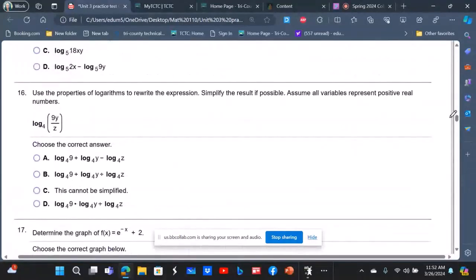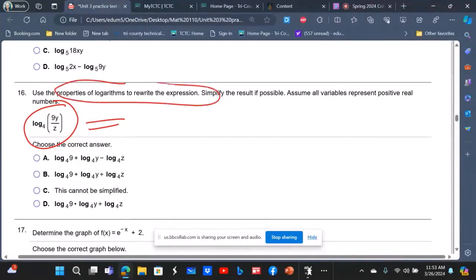Remember we did the laws of logarithm, so you should be able to expand this logarithm, use the properties of logarithm. Okay, so we can say log to base 4 of 9, because multiplication is addition in logarithm.